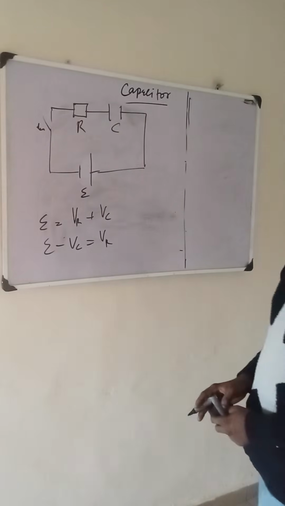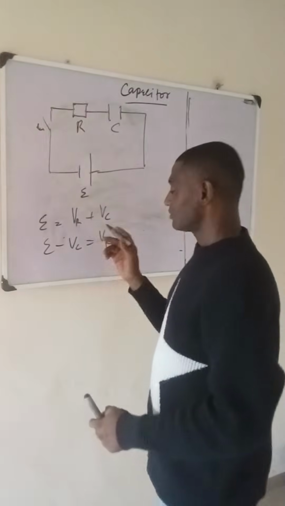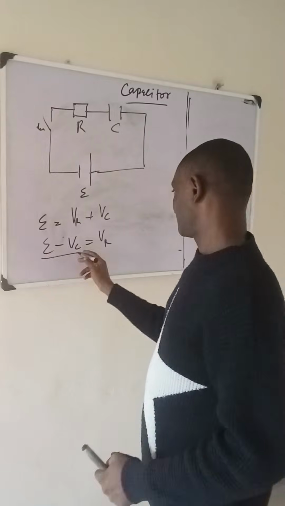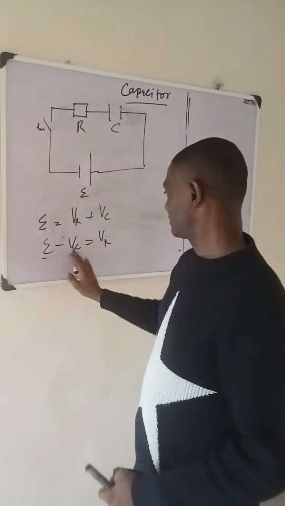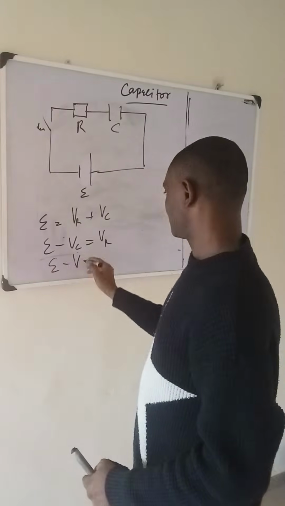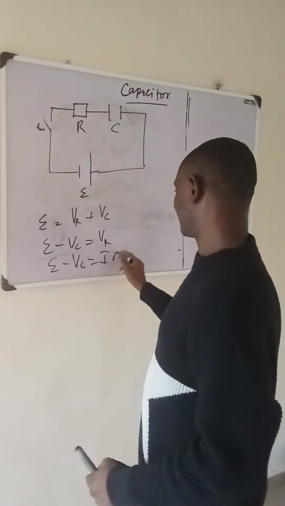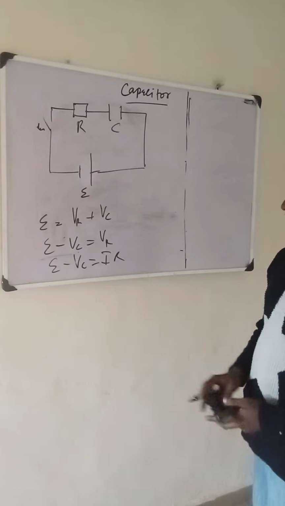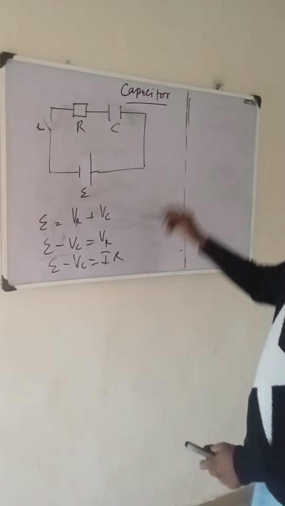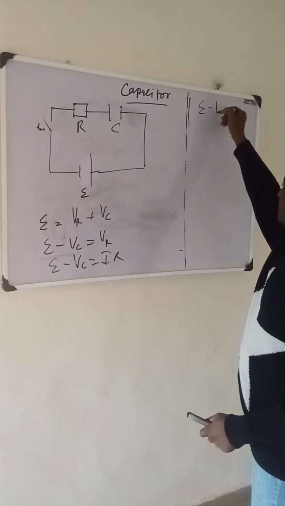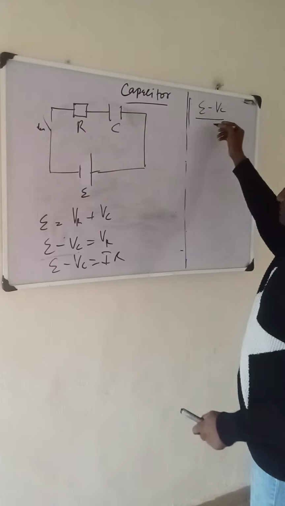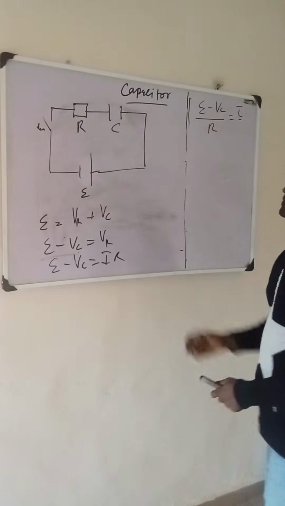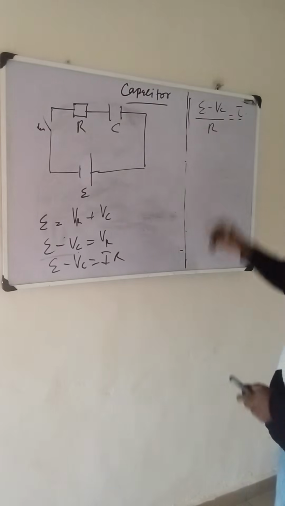Okay, and then we also have established that E minus Vc equals I R. Is this obvious? Yes. So we make I the subject of formula. So we have E minus Vc all over R is equal to I.